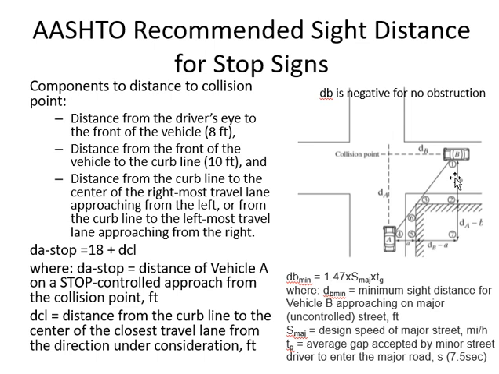So from this car to the conflict point. Okay, this is our dB minimum. And it is calculated as what? This is the conversion factor, speed of this car multiplied by the average gap which is accepted by this vehicle to enter.